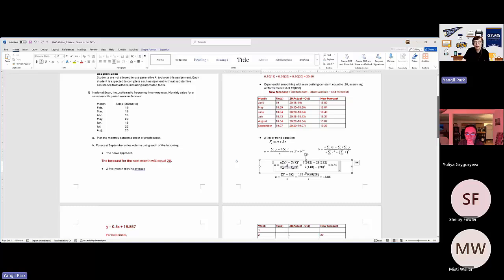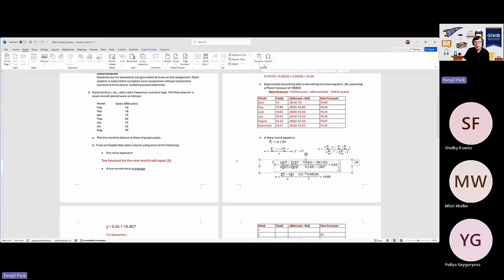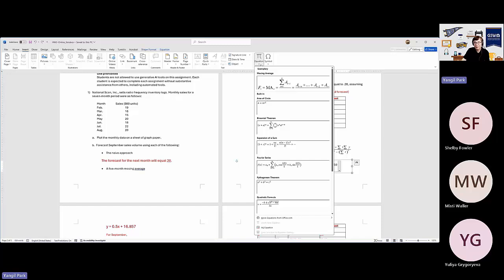the one way I did it, I think I need to explain a little bit, is that when you add those formulas, you can actually do it in Word. You go to Insert, then you go to Equation. This is the Equation Editor in Microsoft Excel, Word, PowerPoint, all those applications. Okay, so you can use it here. Most likely, it's not going to appear from the list.